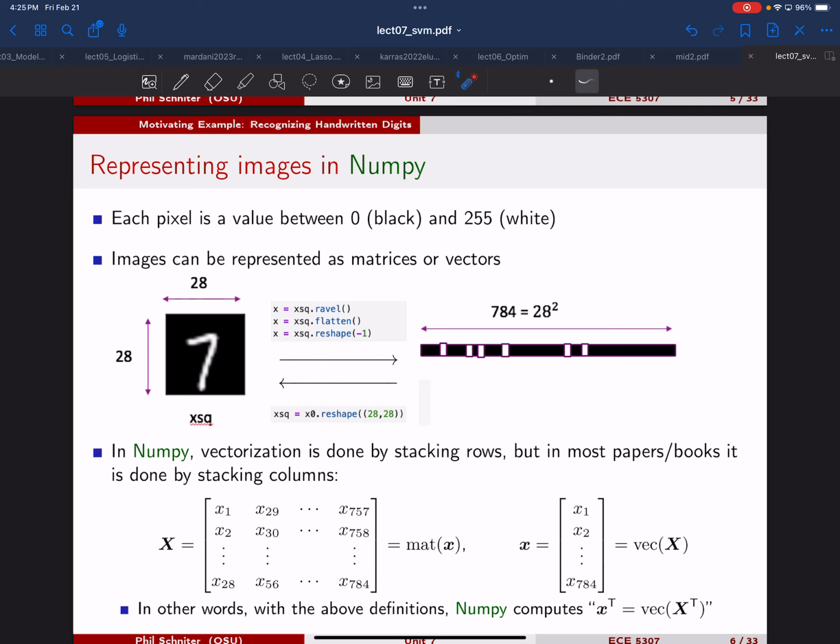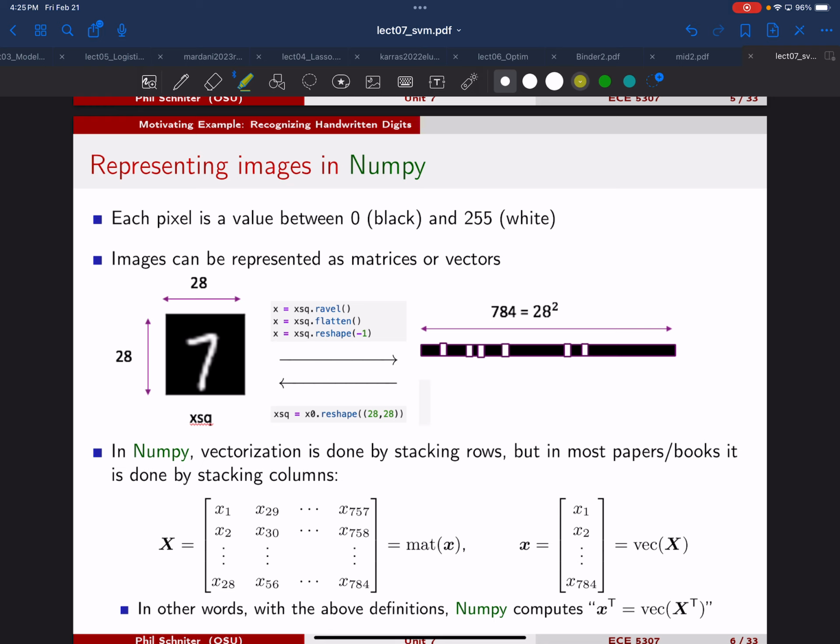But it's a little bit easier to represent those images by flattening them. And that just means essentially extracting either rows or columns and stacking them front to back. The way that NumPy does it depends on the language you're working with, whether it's done row-wise or column-wise.